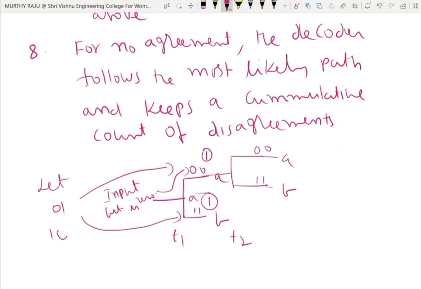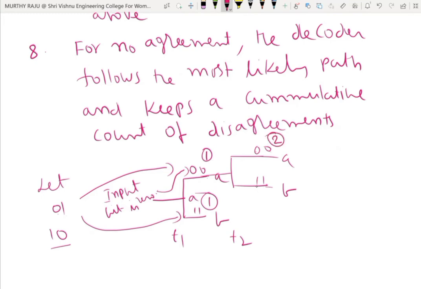Again, the next information, the second code word of length n bits, is 1 0. Here 1 0 is compared with 0 0. The disagreement count is 1 because one change is there. The previous disagreement count is 1, 1 plus 1 is equal to 2.